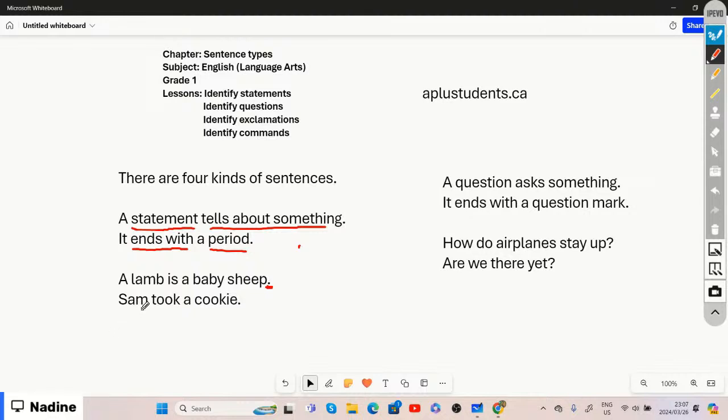The next one says Sam took a cookie. If you're telling your parent that one of your siblings took a cookie, that is a statement. Your parent doesn't have to respond or do something. You are just telling them that a sibling took a cookie, left their clothes on the floor, or didn't do homework. It's telling someone about something, and it ends with a period.